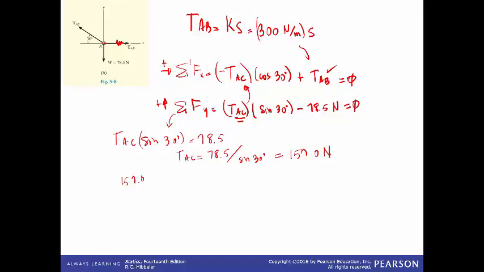Okay, so now I substitute 157, and this is negative, so I'm going to substitute from that expression: minus 157 cosine of 30 degrees plus TAB equals 0. So now TAB equals 135.9 newtons. Okay?